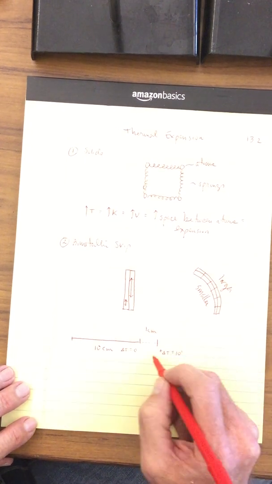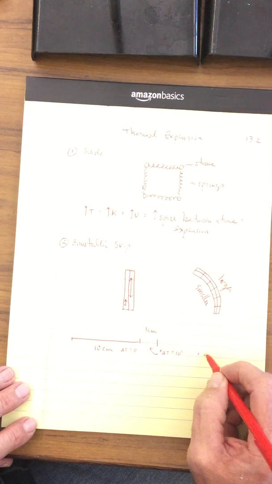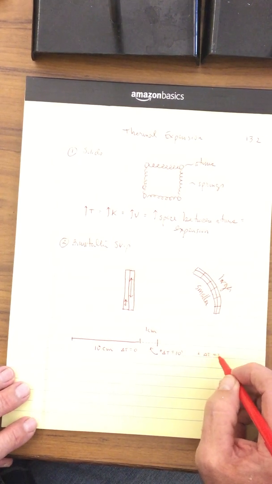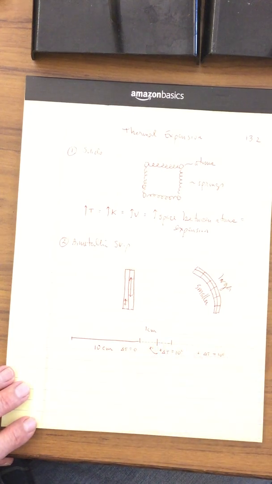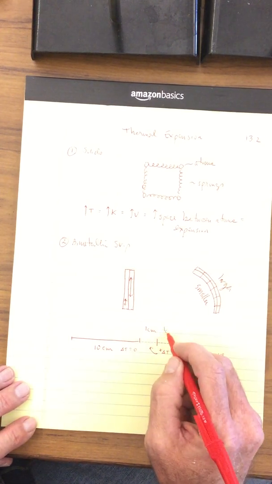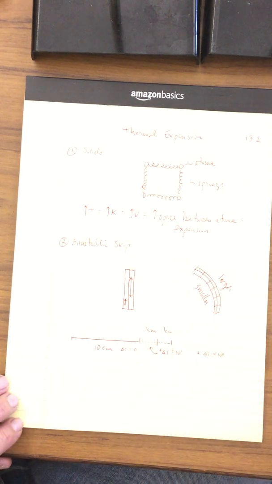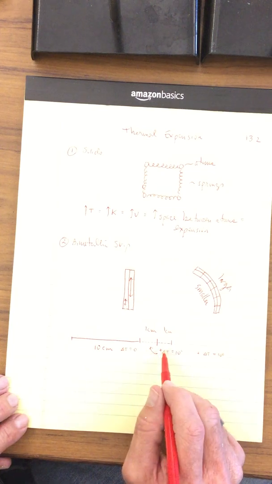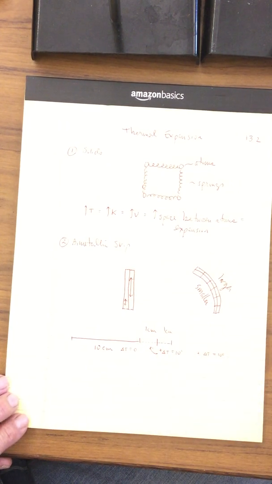And then when you add an additional change in temperature of 10 degrees, it also expands. And it expands also 1 centimeter more. So what's interesting about the expansion is it's proportional to the temperature.